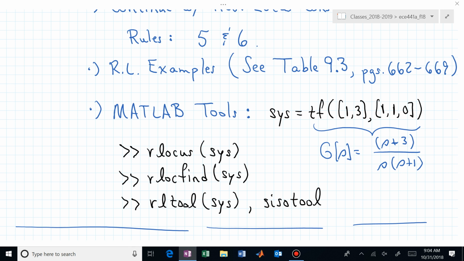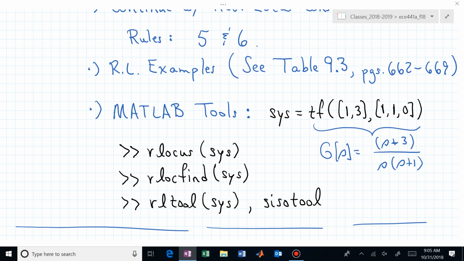You can also build and play and do things with RL tool, root locus tool, and SISO tool, single input, single output tool. You can build your plant, you can put in a controller, and it will start generating step responses, root loci, Bode plots, etc. for you within MATLAB.